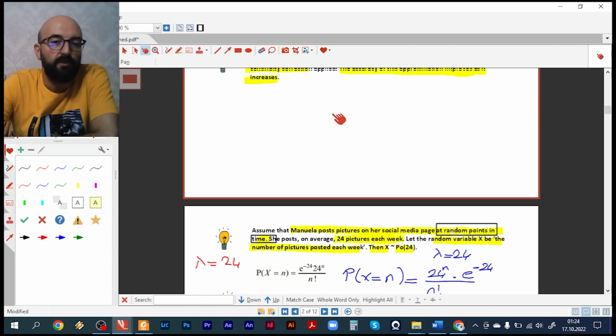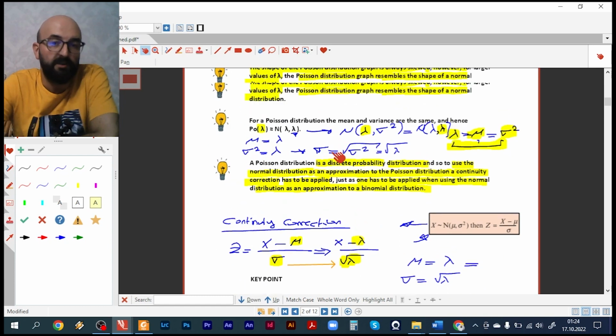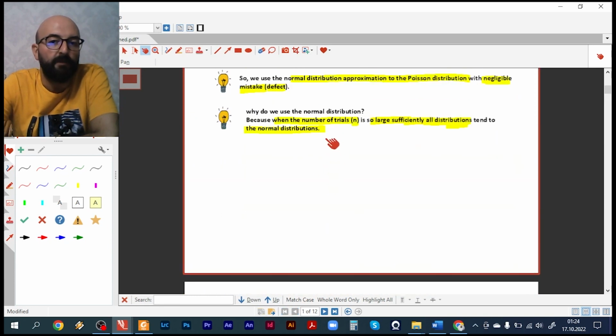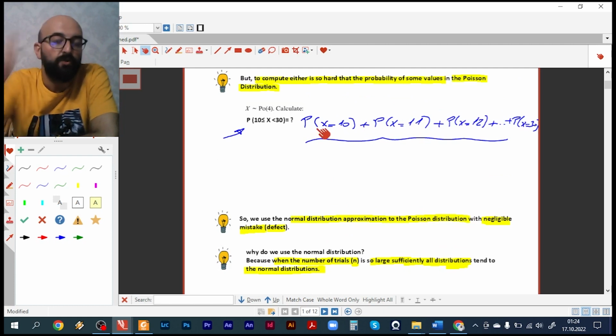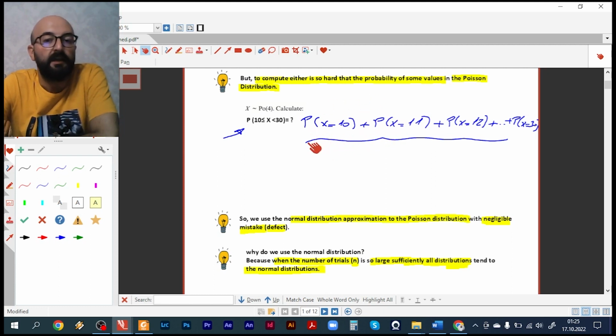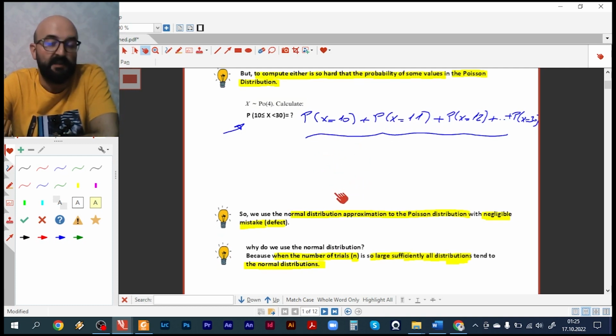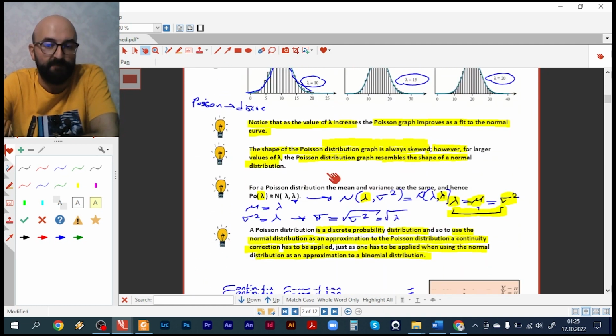If you need to find the probability of a lot of values, you should use the normal distribution instead of the Poisson distribution, because using the Poisson distribution formula to figure this out is very hard, but in the normal distribution it is very easy.